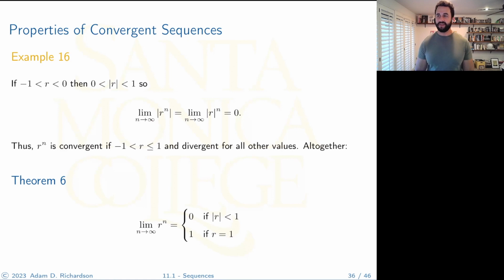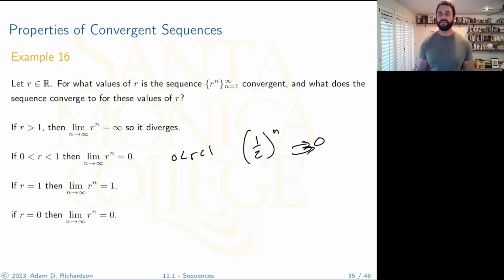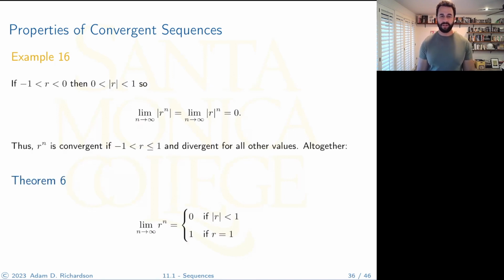Now let's look at the negative numbers. One thing I'll point out is we haven't looked at any negative numbers yet. We exhausted all the numbers from 0 and up. But let's see what happens when you're looking at negative numbers. If r is between 0 and -1, then we know that the absolute value of r is less than 1. In other words, the size of r is less than 1 and greater than 0.